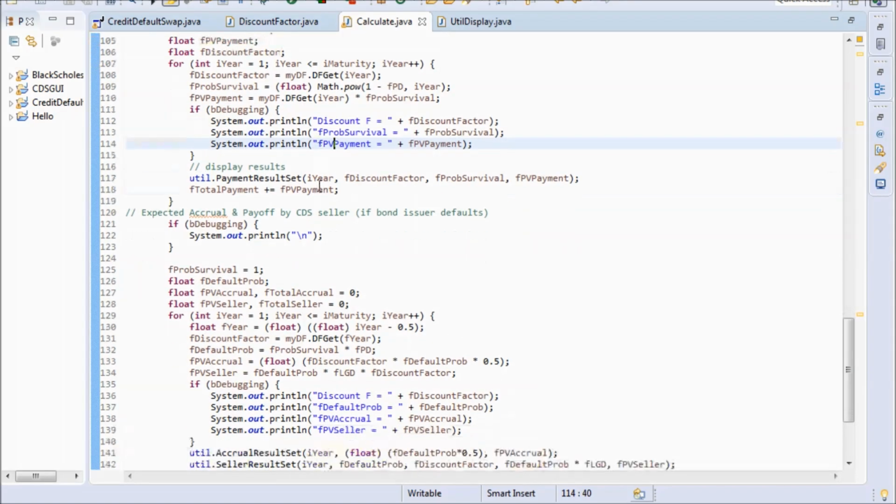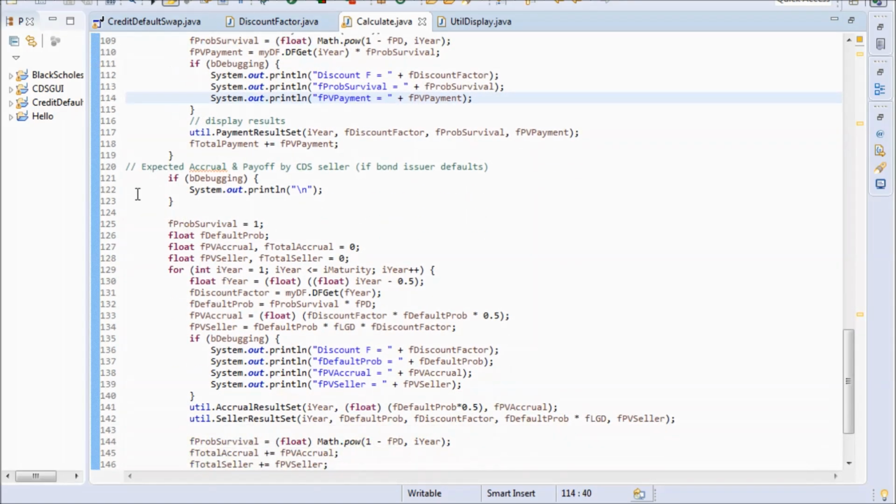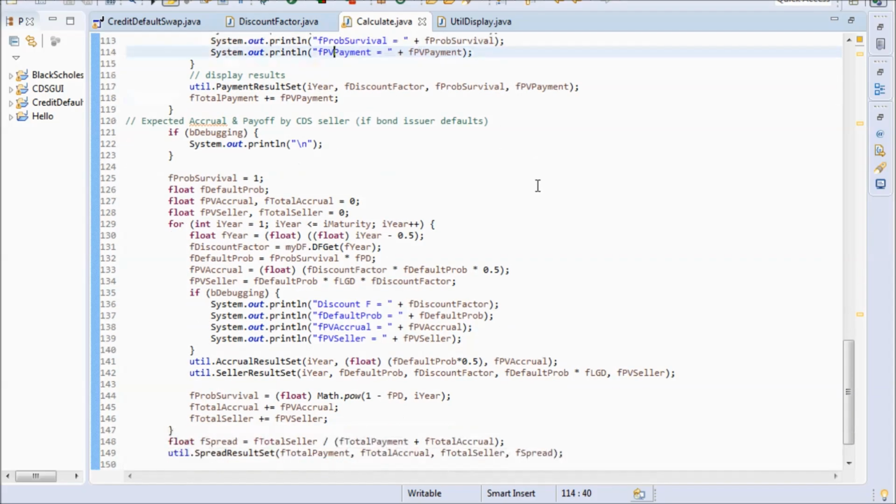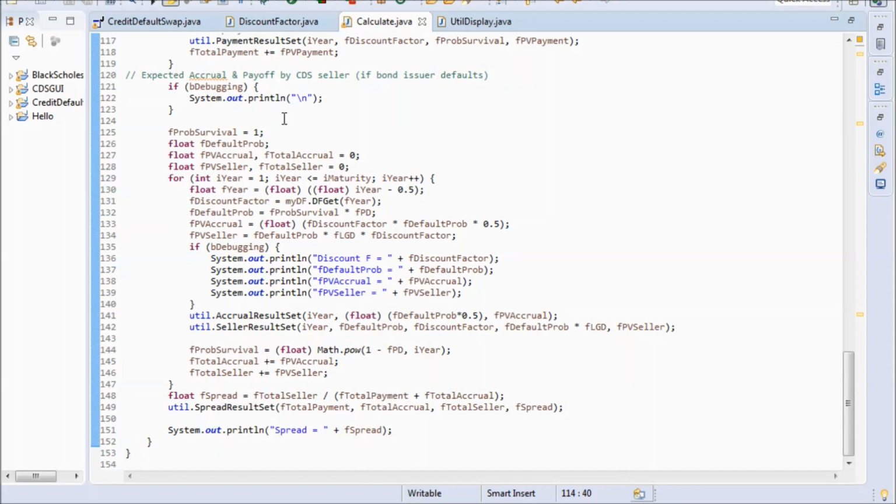And after that, I will calculate expected accrual and payoff by the CDS seller if the bond issuer defaults. After I calculate the PVs, from those PVs, I will calculate the spread for this credit default swap.